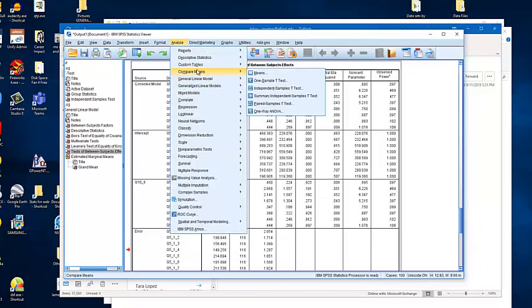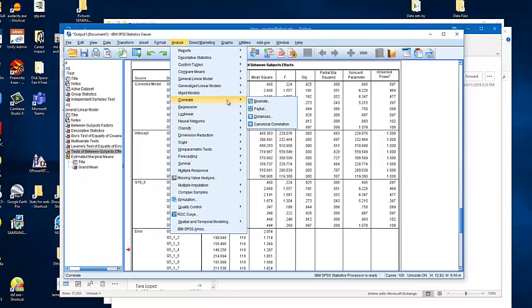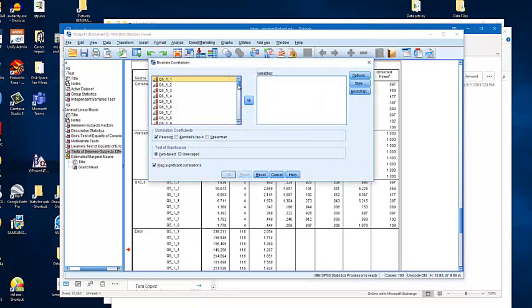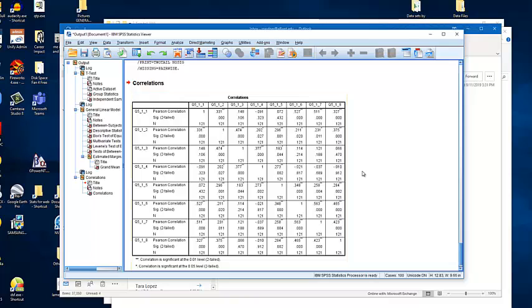Analyze. We're going to see how strongly your 5s are correlated. They're probably strongly correlated. Okay, 1 and 2 are correlated. 1 and 3 are not correlated.